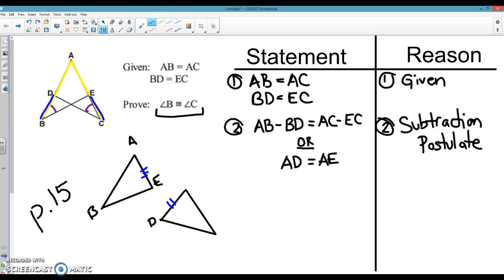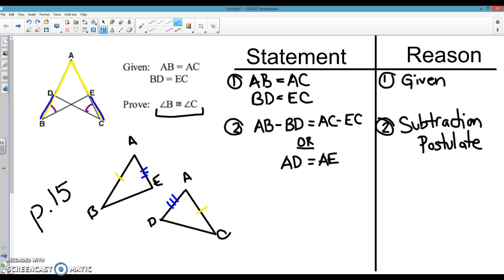We're going to go through and simplify it a little bit. So we have DA and this is C. So if we were to look at these, I know that this and this are congruent to one another. We just went through with the subtraction postulate to say that AE is equal to AD.